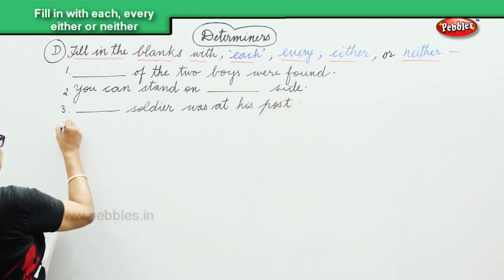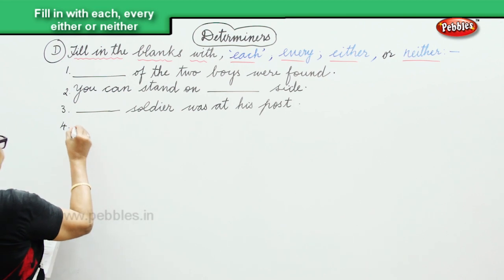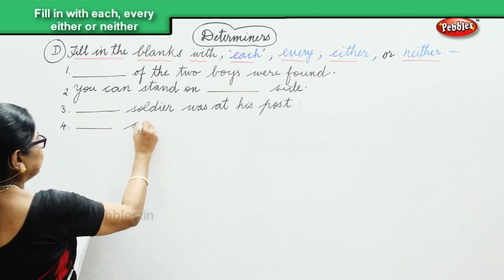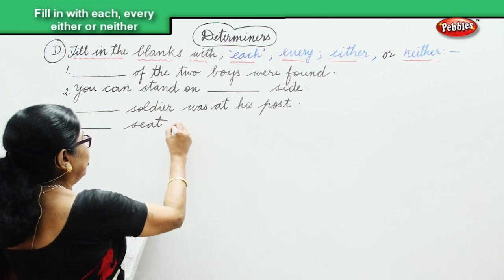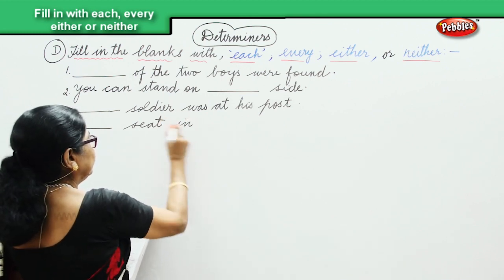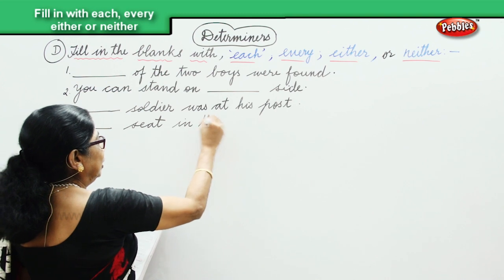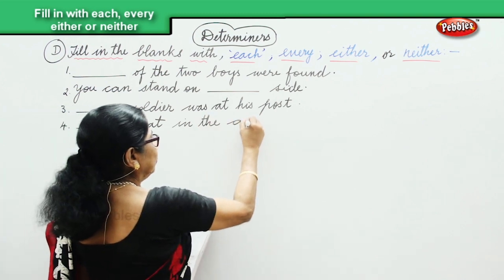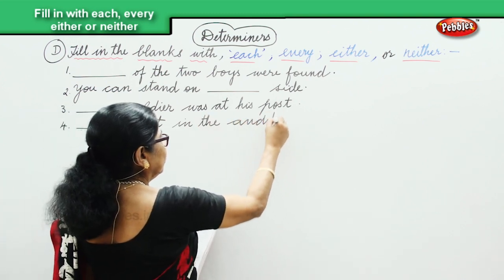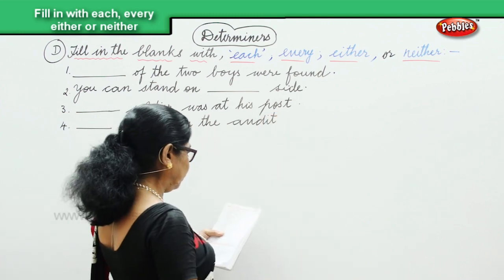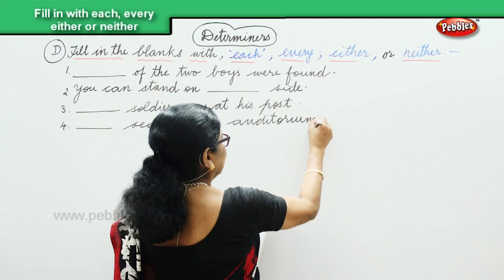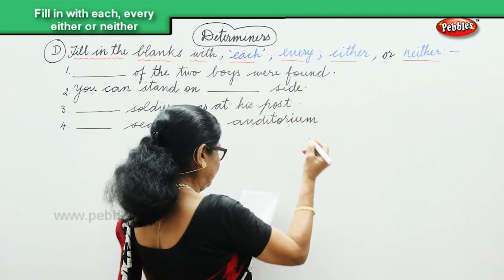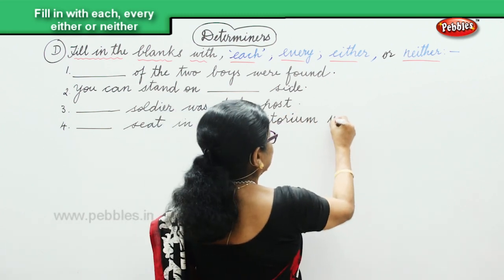And the fourth sentence, dash seat in the auditorium was occupied.